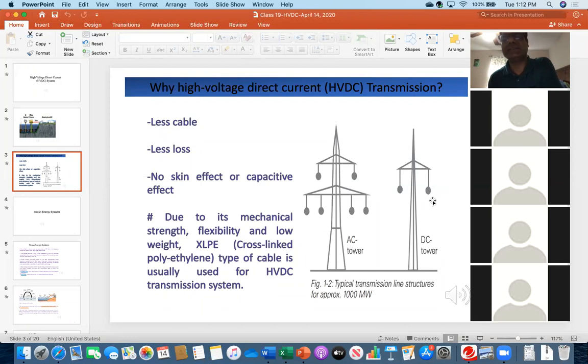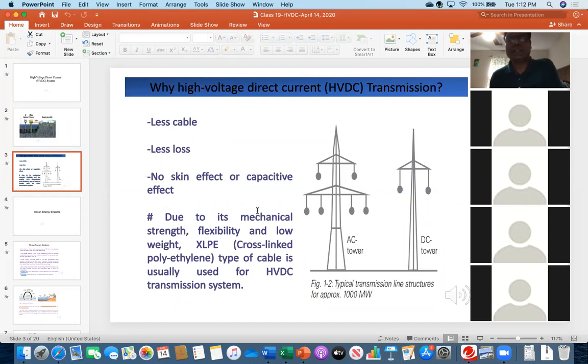Therefore, XC becomes infinity, and if XC becomes infinity, no current flows. So there is no capacitive effect or capacitive loss. That is the meaning. Therefore, less cable, less loss, no skin effect, and no capacitive effect are the main points.